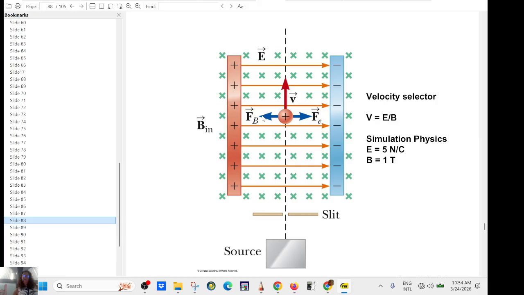This one is the magnetic field, right? Yes, magnetic field here. The electric force is along the electric field. Then you tune the magnetic field until those two forces cancel each other. So you can select the velocity that you want. So it's a velocity selector.